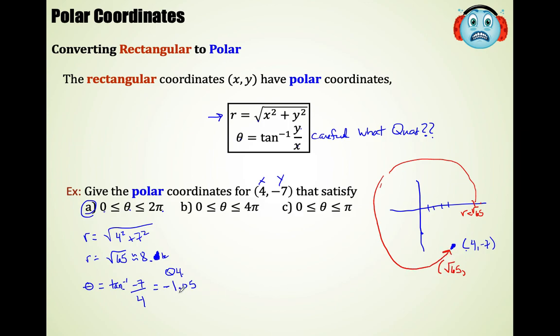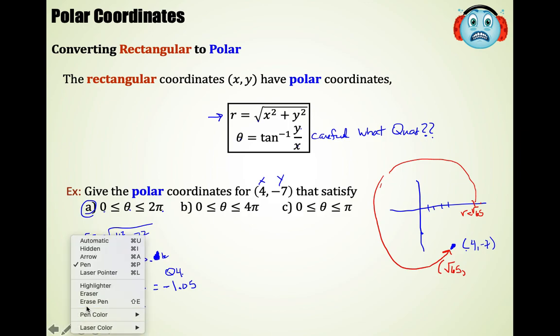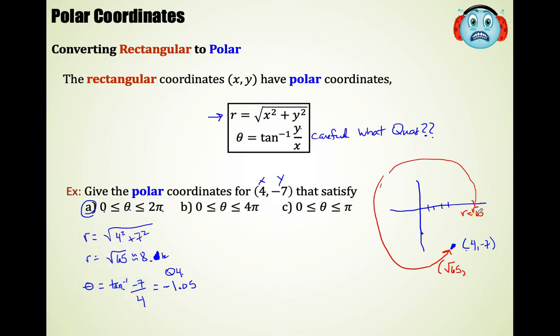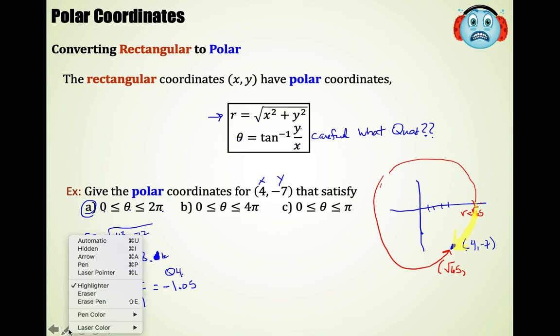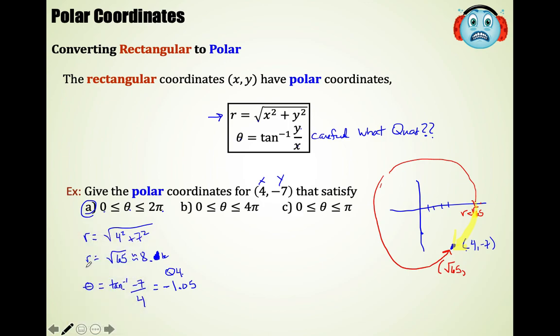Well, I know negative 1.05 radians is this far, right? So what are you going to do? That's right. You're going to do 2 pi minus that. So I got square root of 65 and 2.09. All right?